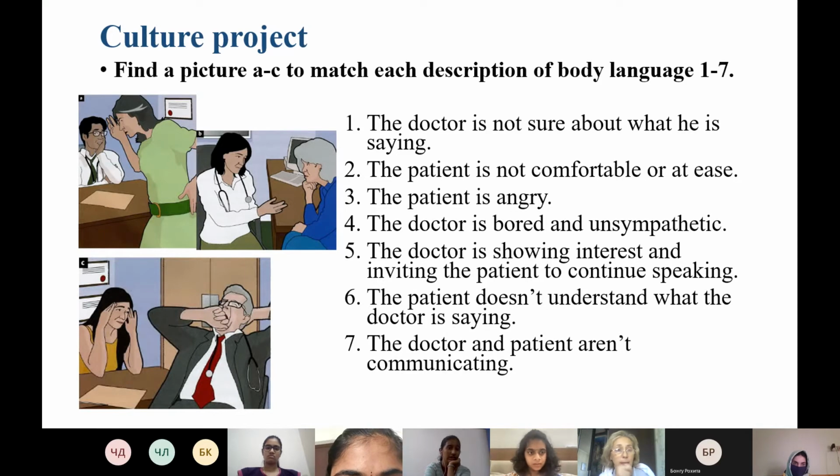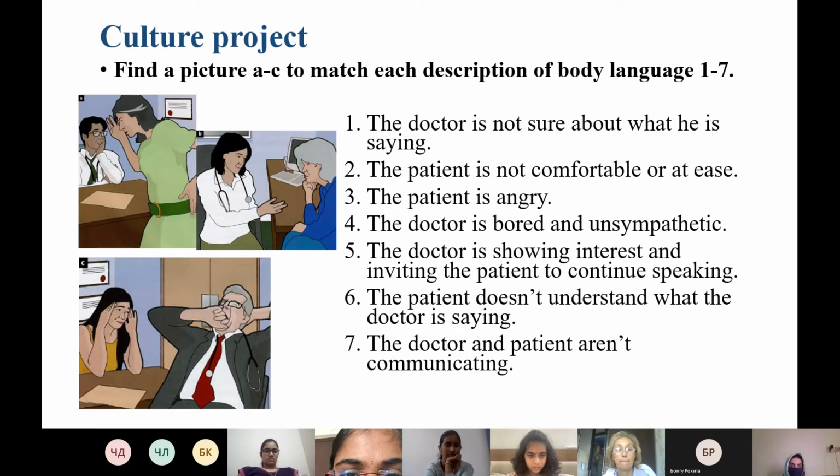What about picture A? The patient is angry. In picture A, the doctor is touching his face with his hand, and he shows that he's not sure about something. Okay, let us listen to sentence number 2.